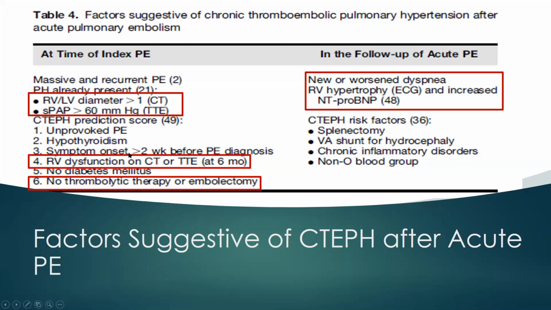And these are often the patients where we're considering ECMO or catheter-directed therapy, and then those that don't get thrombolytics. In follow-up, patients that have RV hypertrophy or elevated NT-proBNP, that can be predictive as well. And then we talked about some of these risk factors for CTEPH. With the CTEPH prediction score, those that have all of these or more are those that we consider high risk.